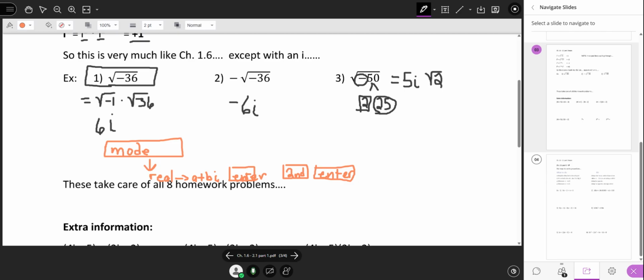Then when you hit the square root of -36, and enter, your calculator should give you 6i as an answer.